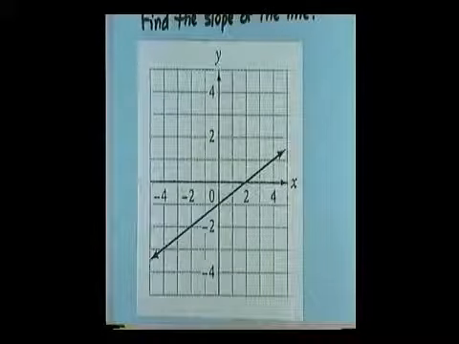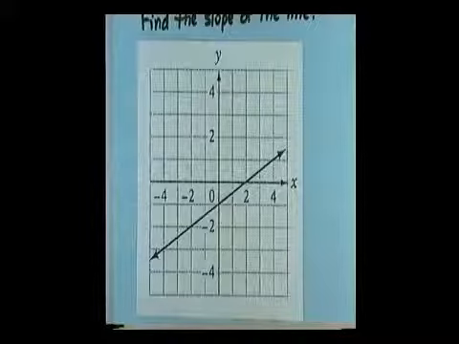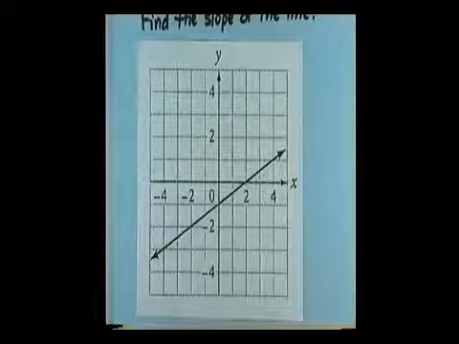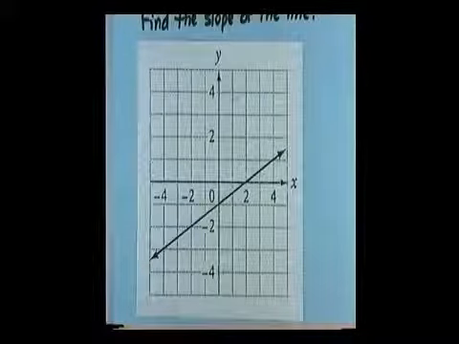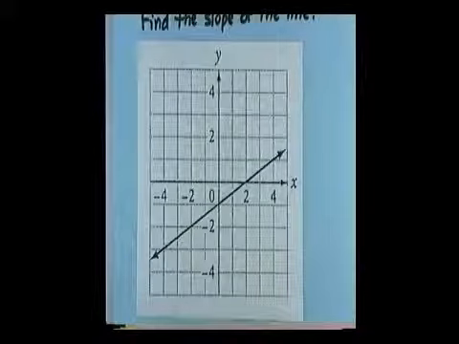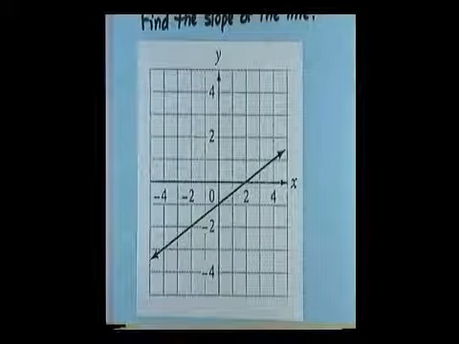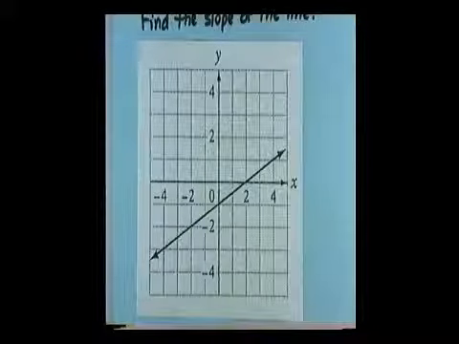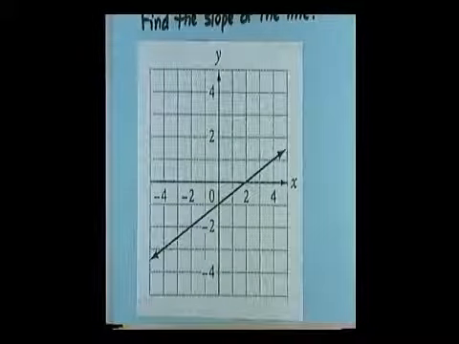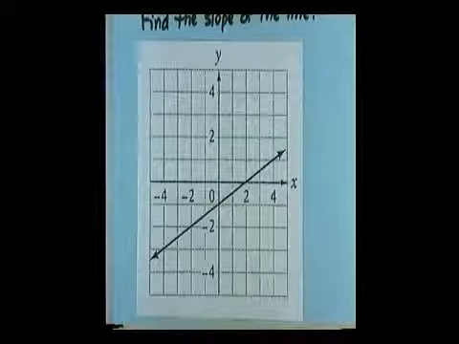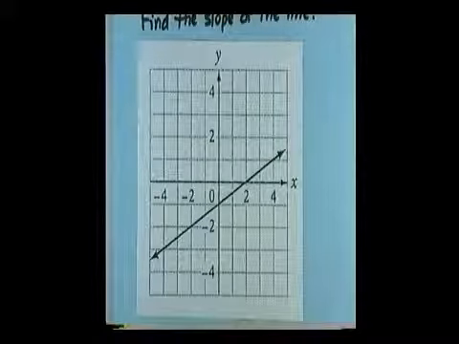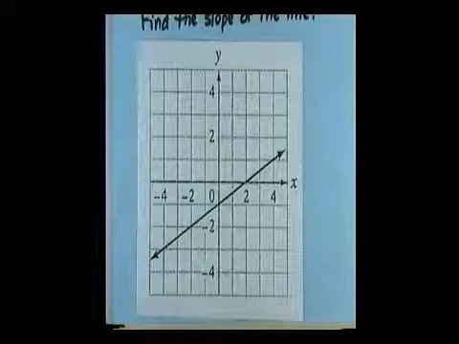Points where the line crosses grid crossings. Once you've copied the line and you're sure you're right, then stop the tape, calculate the slope, and restart the tape to check your answer.